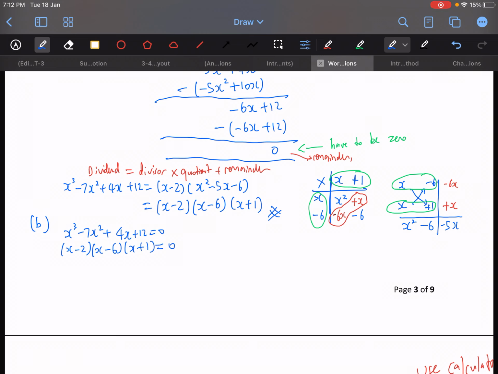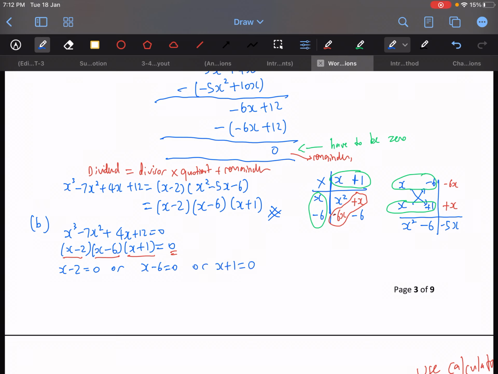Okay, so we have this, and remember, because now we are saying that this times this times this gives me 0, what does this mean? We realize that the only way for the product of these three terms to be 0 is that either x minus 2 equals 0, or x minus 6 equals 0, or x plus 1 equals 0.